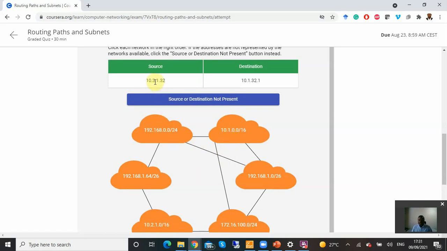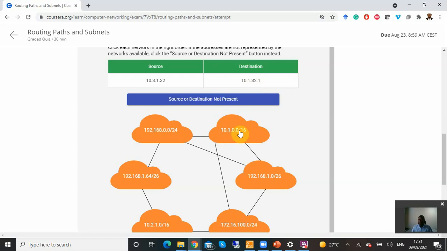There is none of this network space ID that corresponds to this 10.3. There is none. But for destination, we have 10.1, 10.1.